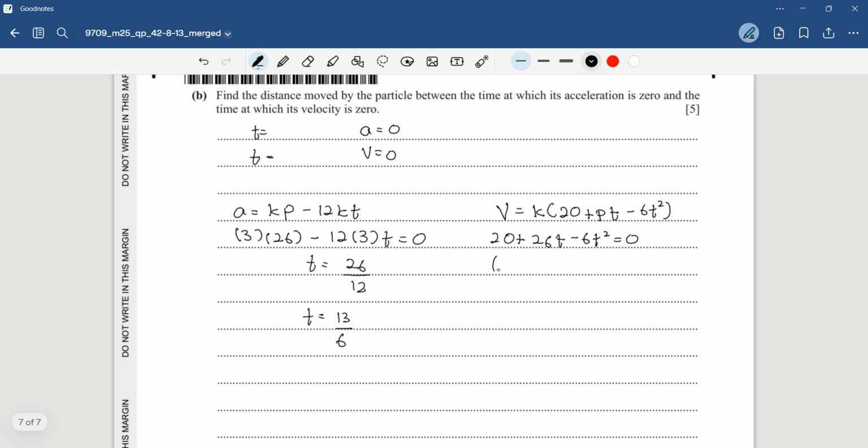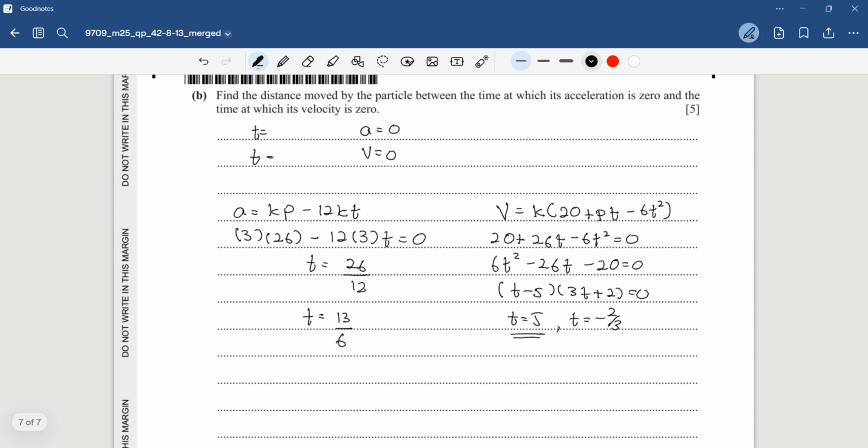So we can rewrite as 6t squared minus 26t minus 20 equal to 0. So going to factorize: (t minus 5)(3t plus 2) equal to 0. So t is equivalent to 5, or t equal to negative 2 over 3. So t will be 5.